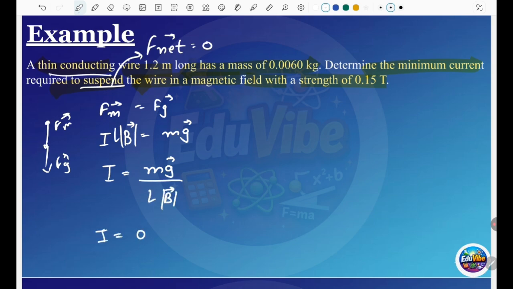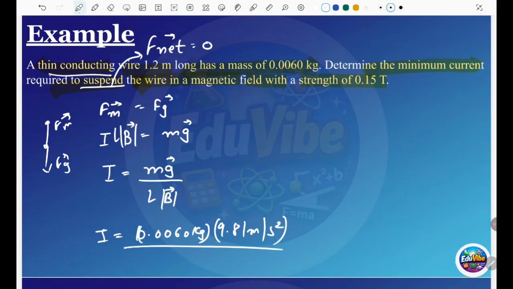M we already have, 0.0060 kg. g we all know is 9.81, taken as positive, divided by L, which is 1.2 meters. This should be in meters; if it is in centimeters, we have to convert. And we have a magnetic field of 0.15 Tesla.